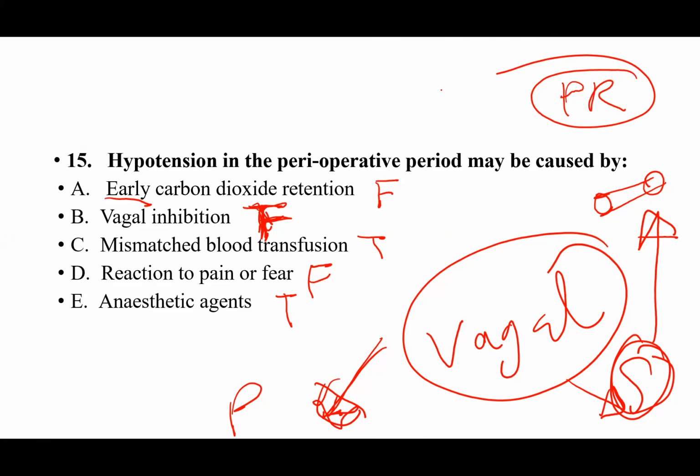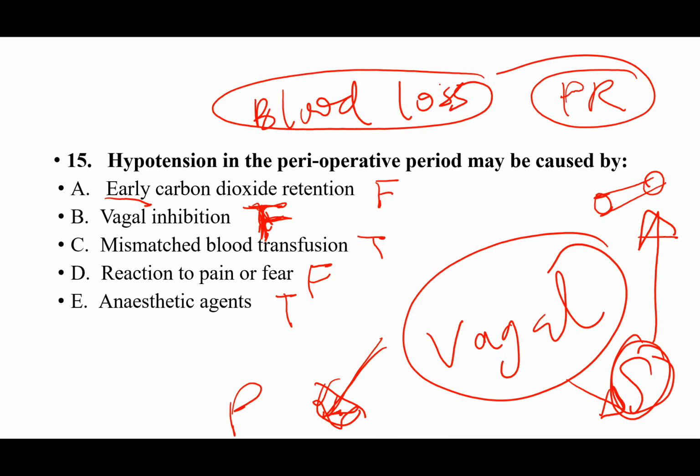Now, what you need to understand is, what causes hypotension generally? The commonest cause of hypotension in surgical patients is volume loss, volume depletion. Is that not so? Yes, sir. Maybe there's blood loss. Now, there are certain situations where there is adequate volume in the intravascular space, but there's hypotension.